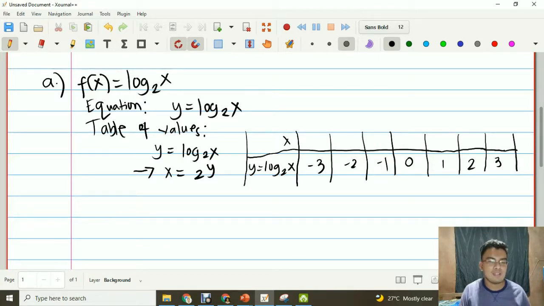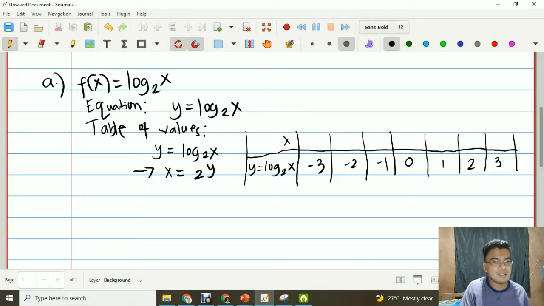So, as you can see in the exponential form, ang hinahanap dyan ay si x. So, we solve for the value of x for the given y values. So, papaano natin hanapin yung mga x values niya? All we have to do is to substitute each y value sa ating variable na y.